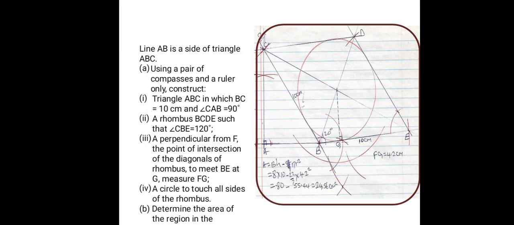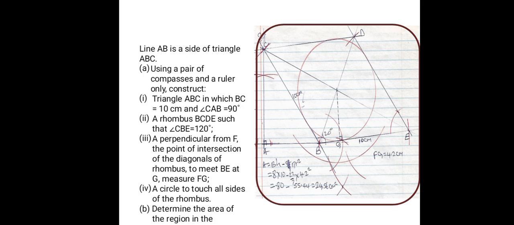Line AB is a side of triangle ABC. A. Using a pair of compasses and a ruler only, construct 1. Triangle ABC in which BC is equal to 10 cm and angle CAB is equal to 90 degrees. 2. A rhombus BCDE such that angle CBE is equal to 120 degrees. 3.